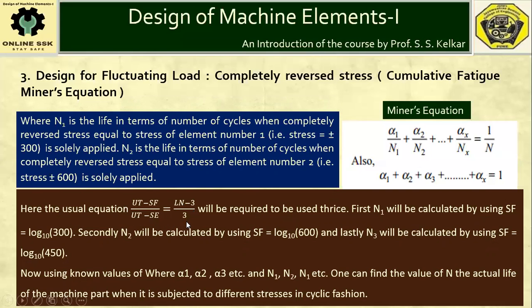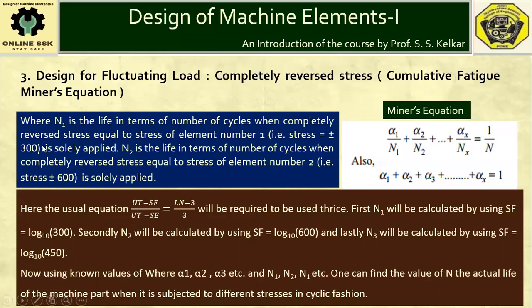Now here, from the given data we will be knowing the value of SUT. Based on that, we can calculate UT. From the given data, we'll be in a position to calculate AC, and using that value of AC, we'll be calculating capital AC.